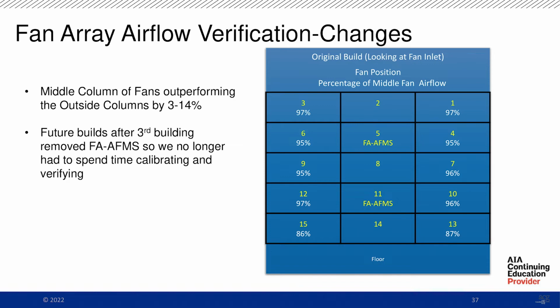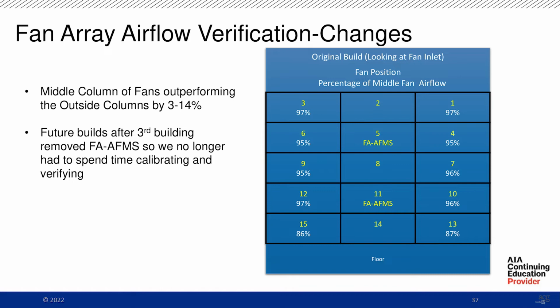For people in the future, if you're thinking about using an airflow monitoring station across a cone, be very careful about where you put it. Be smart about it, because you could be getting the wrong number fed back to you. I've seen airflow monitoring stations on the corners.